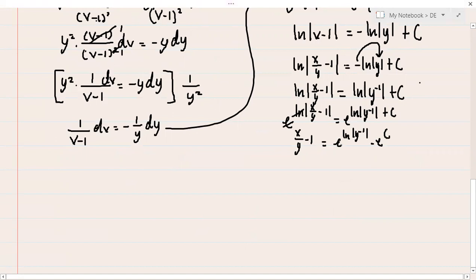Then yun, pwede na tayo mag-cancel. Okay? So, we can have e and ln cancel. So, we will have x all over y minus 1 is equal to y raised to negative 1 times e raised to c.